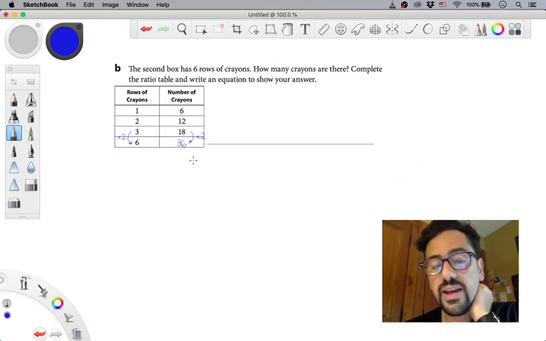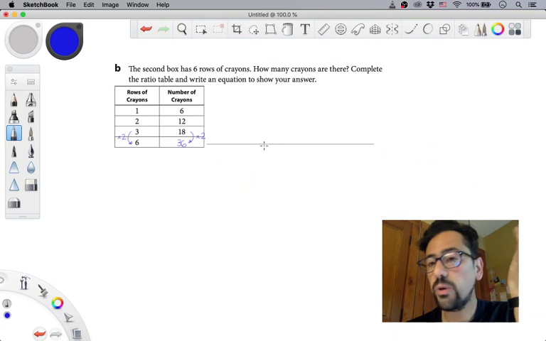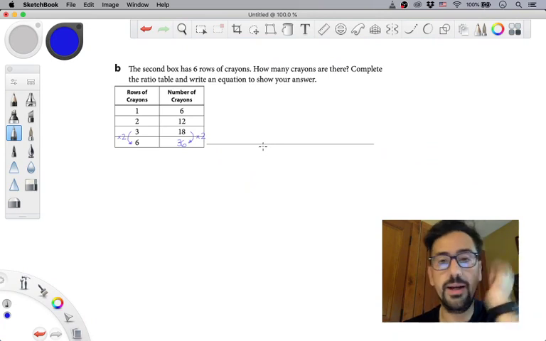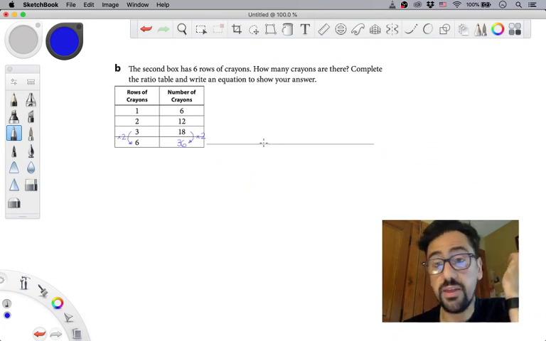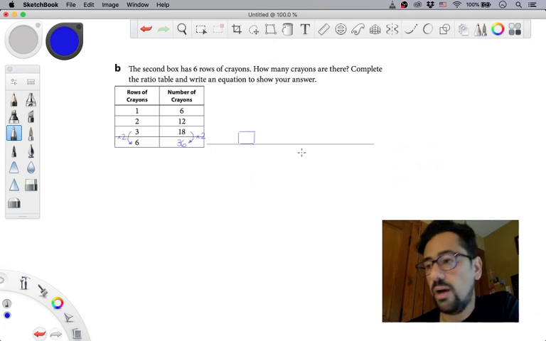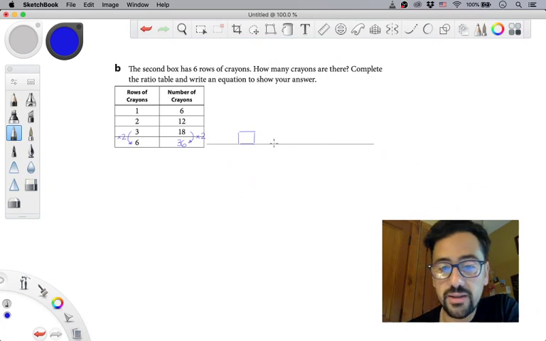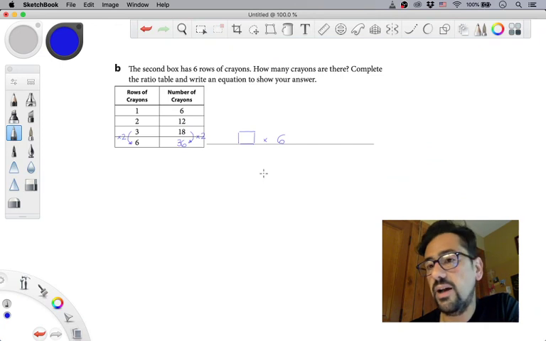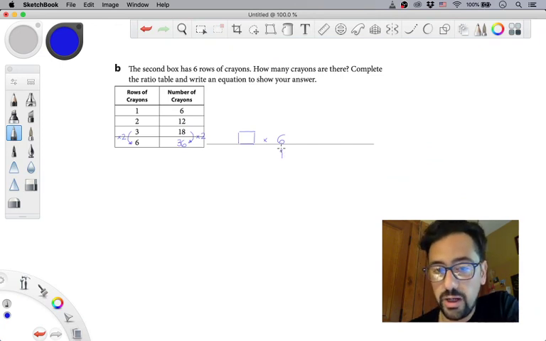So now what I can say is that if I want to create an equation that represents this problem, whatever the number of rows that a box has, 6, 36, a million rows of crayons, is going to be multiplied by 6. Because 6 is the number of crayons per row.